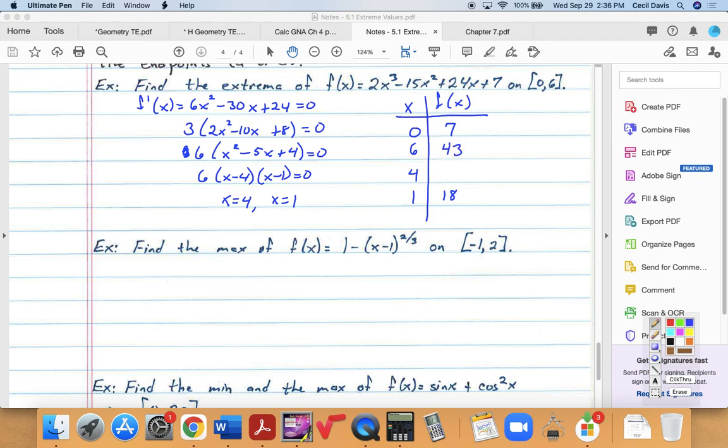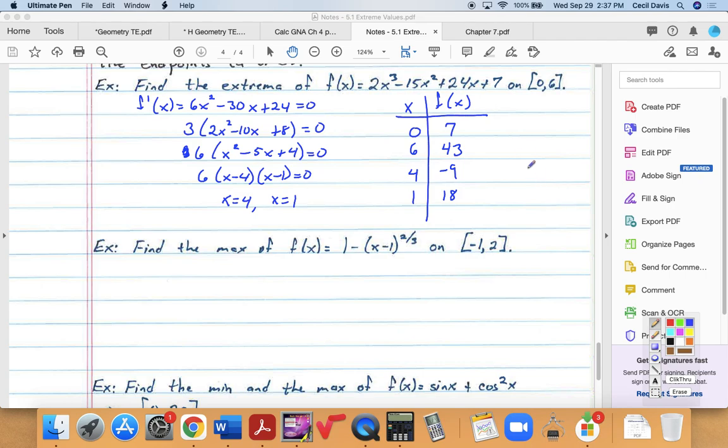Someone verify that for me. Pardon? You also got 43? Well, if Lynn got it, I must be right. And then at 4, I got negative 9.